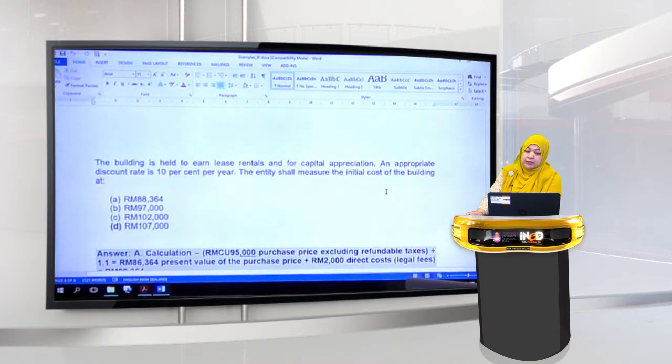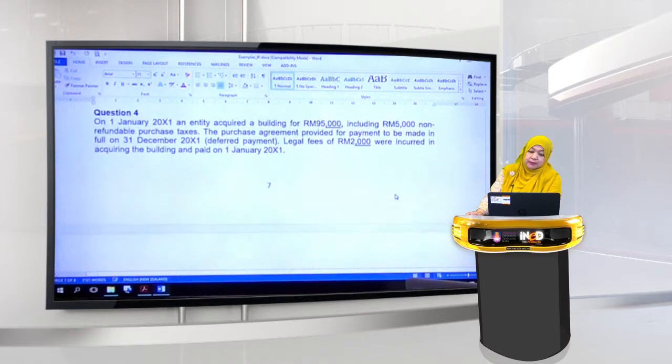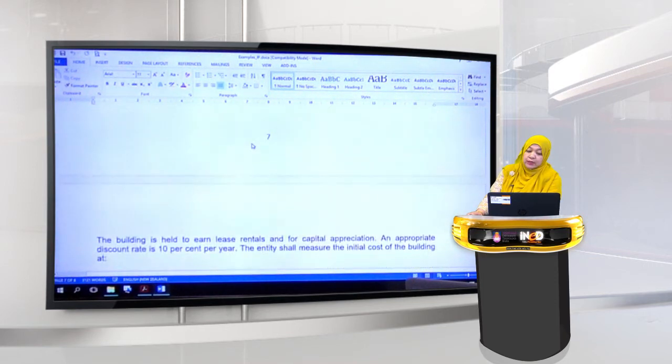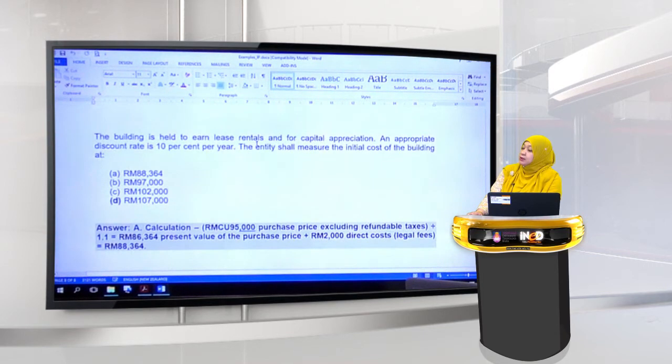Alright. Since this is an investment property, and we have to make the full payment one year later, we have to calculate the present value of the purchase price. So the answer is A, that is 95,000 purchase price excluding the refundable tax divided by 1.1.